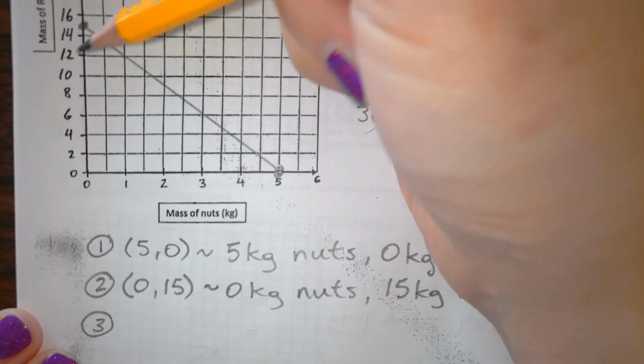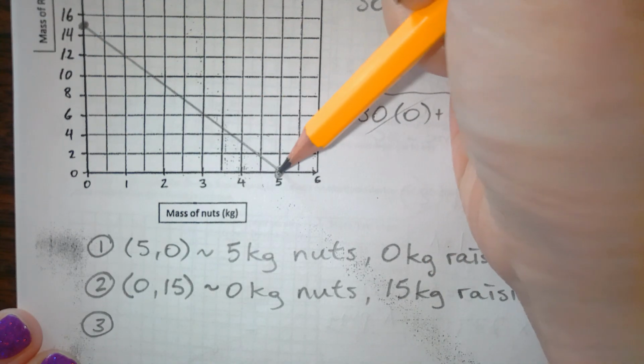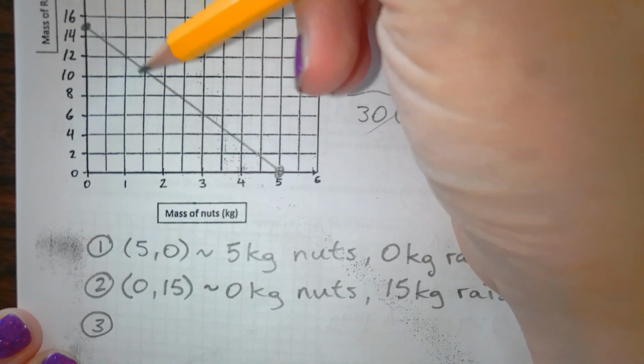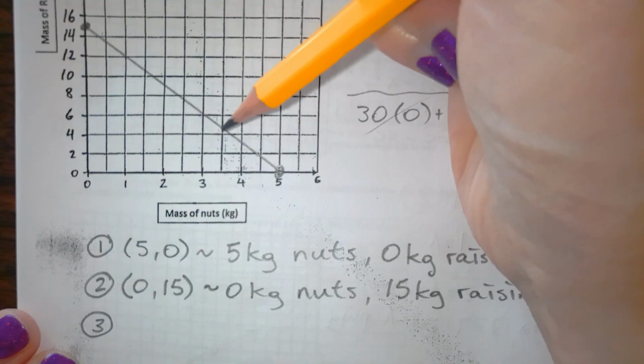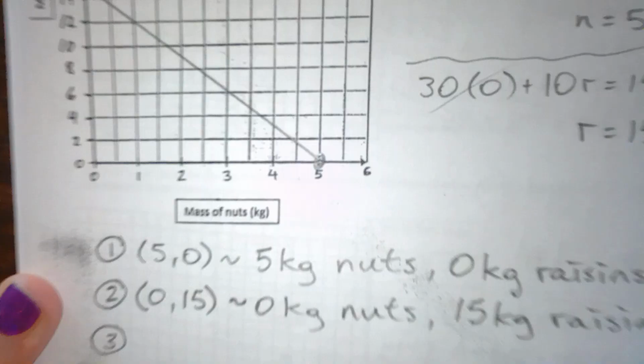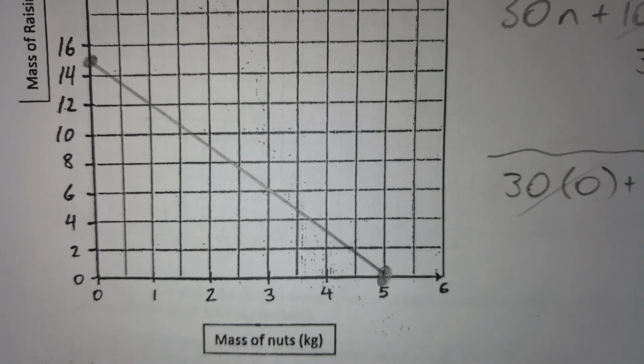Looking at this line, this one I can tell is 5, 0. This one I can tell is 0, 15. Is there another nice point on here that you can tell the numbers easily? I'll zoom it in. There are a couple where you get nice numbers.